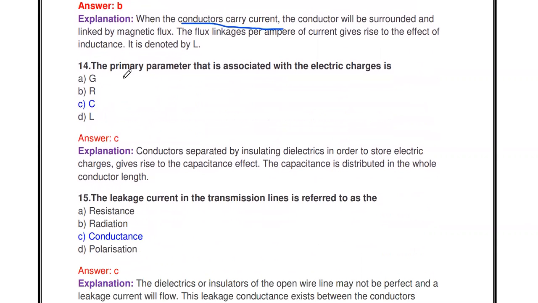Then the next one, the primary parameter associated with electric charges is capacitance. While constructing the transmission line, two conductors are separated by a dielectric, so this arrangement behaves as a capacitor.